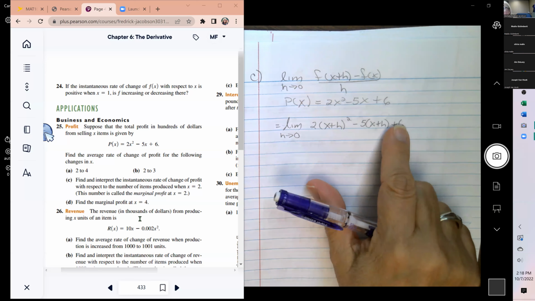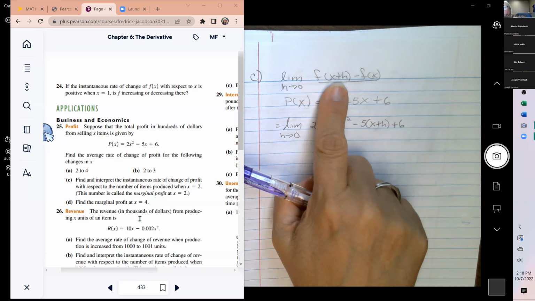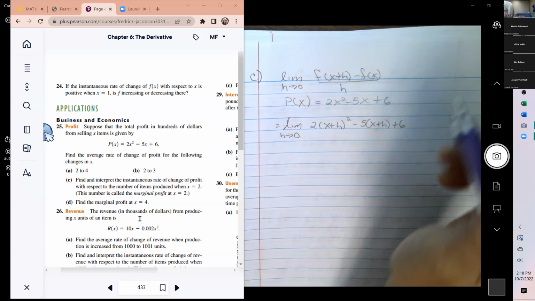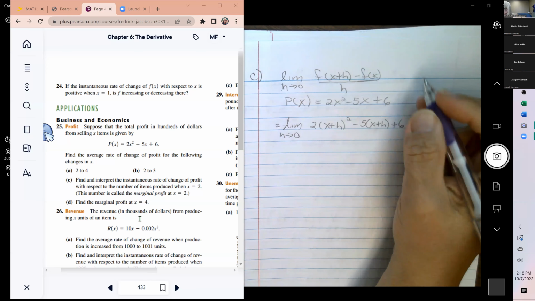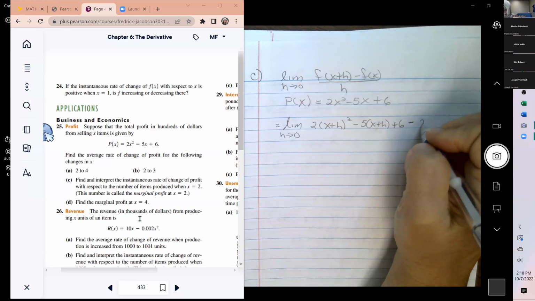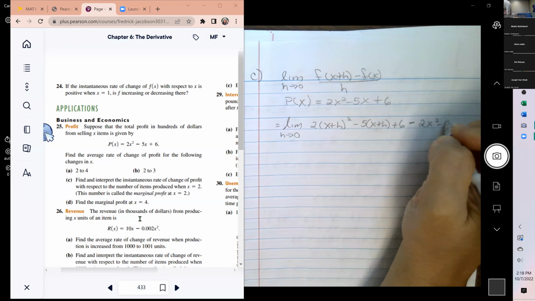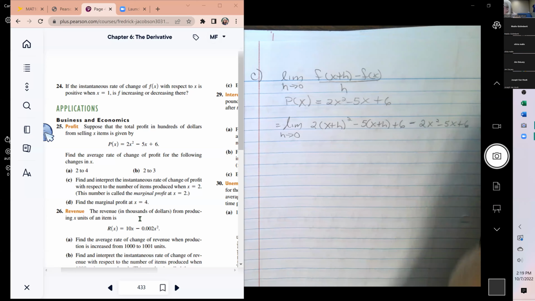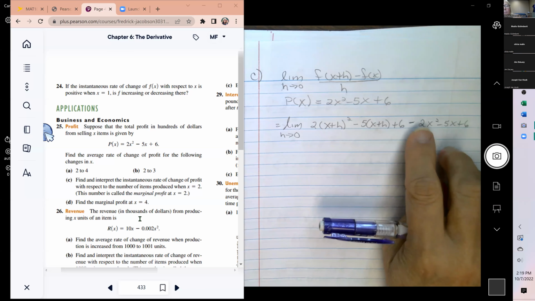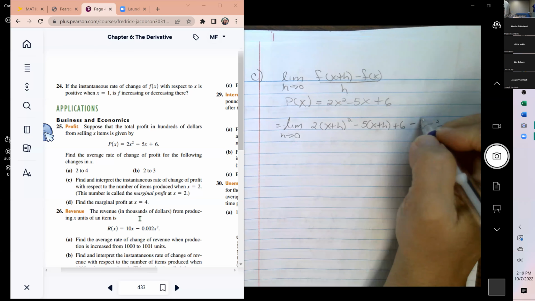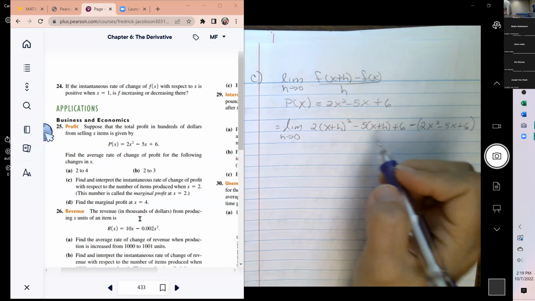So this is f of X plus H. And then you want to subtract the original, 2x squared minus 5x plus 6. You need to be careful here. You have to subtract the whole thing, so make sure that negative gets distributed.